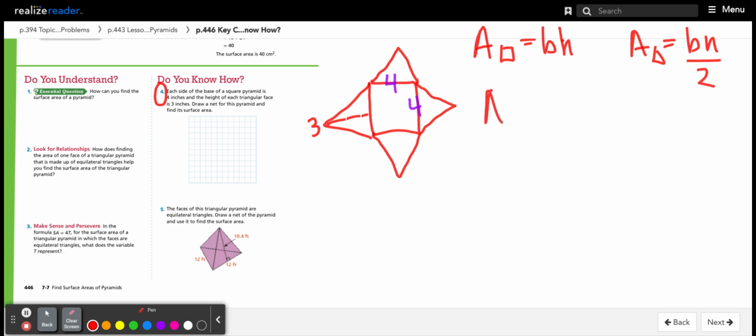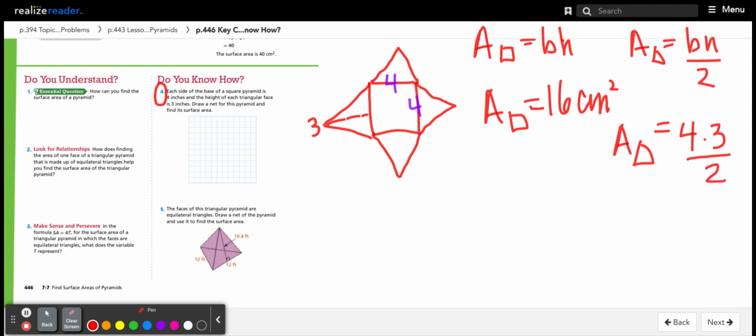The area for the square is 16 centimeters squared. 4 times 4 is 16. What's the area for one triangle here? Well, the area for the triangle will be 4 times 3 divided by 2. So the area of the triangle is 6 centimeters squared.